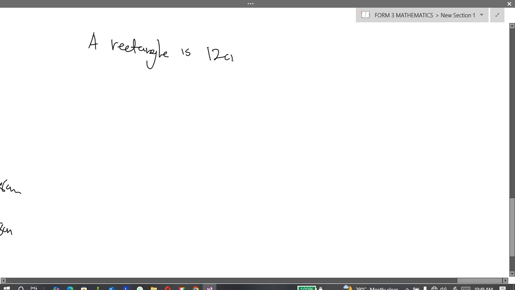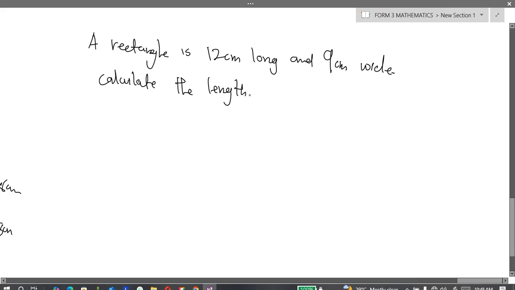A rectangle is 12 centimeters long and 9 centimeters wide. Calculate the length of a diagonal.